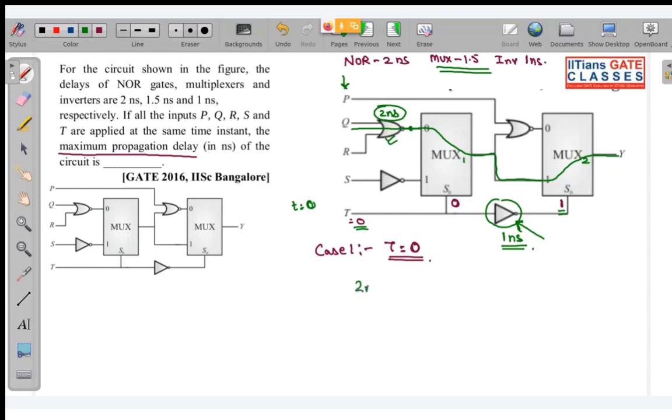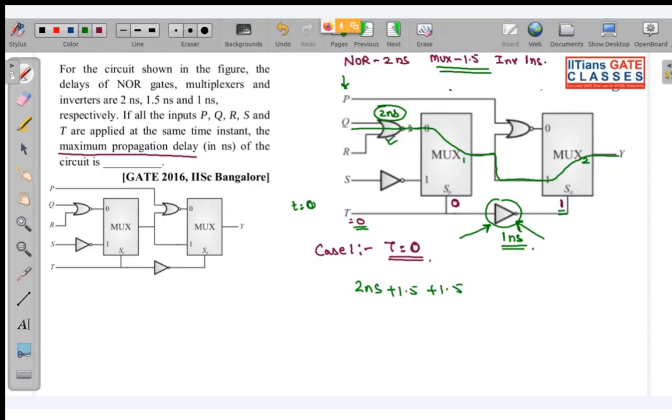So we are going to write 2 nanoseconds for this NOR gate, 1.5 nanoseconds for this mux, and 1.5 nanoseconds for this mux. We are totally going to ignore this NOT gate, because its output has already stabilized within 1 nanosecond after the application of input, whereas this NOR gate only requires 2 nanoseconds.